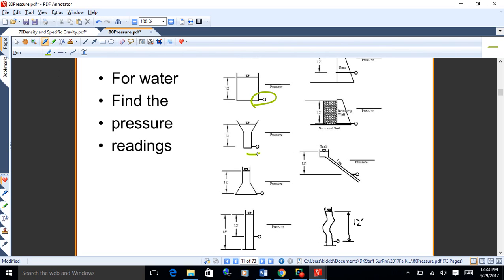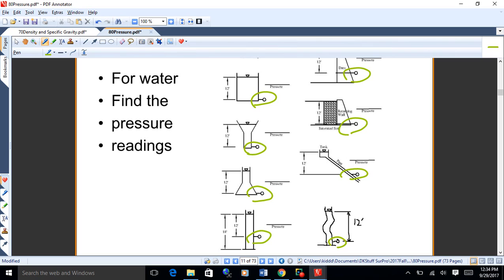I've got pressure gauges there, there, and there. I've got it 12 feet down in an 18-foot deep water tank, and 12 feet down in front of a dam holding back a reservoir. I've got a retaining wall with soil that allows the water to flow through the soil. I've got a tank and a pipe 12 feet down, and a curvy tank. What would be the pressure in each of those gauges?